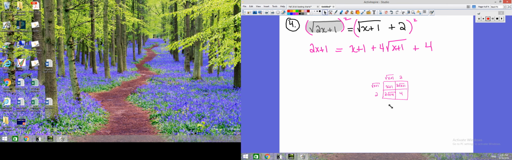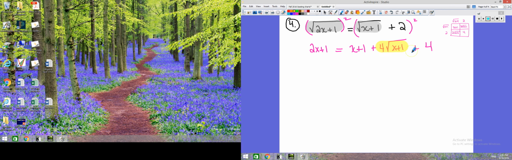Let's shrink this up, move it up here. Now, originally, our problem had two radicals. There was one here, and there was also one here. But by squaring this, we now have just a single radical there.